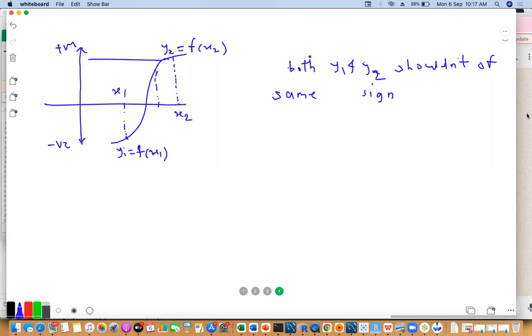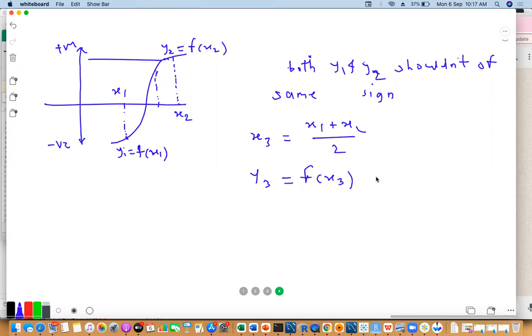Now we will calculate. We have calculated x3 as x1 plus x2 divided by 2. For this, we will calculate y3. We will put the value of x3 in the function, so f of x3.